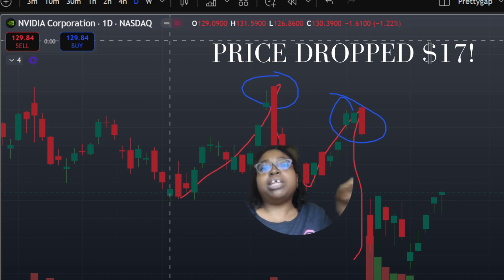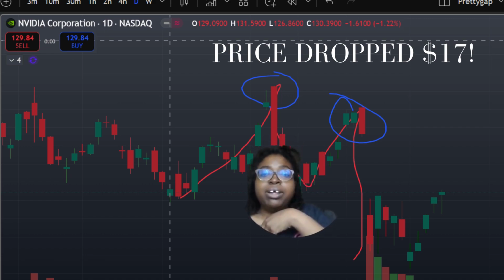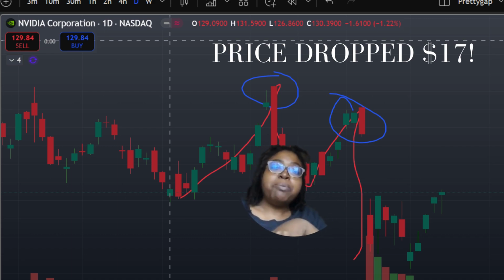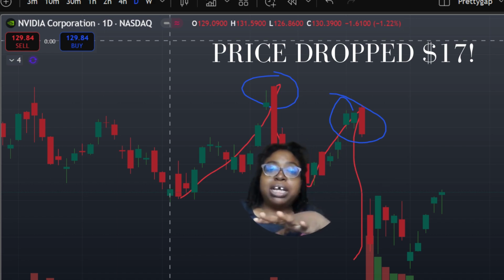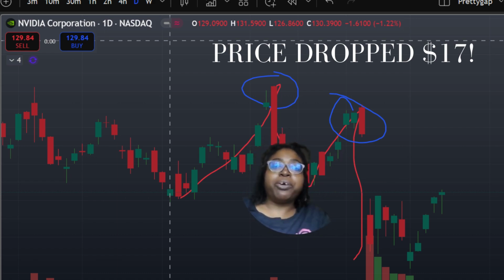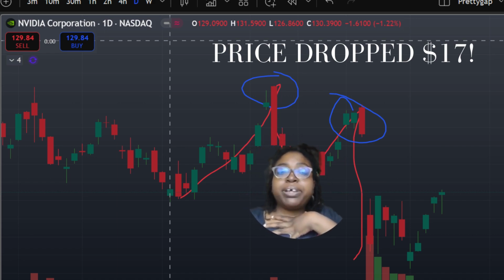But had I waited for the break of the neckline, I would have missed this move on Monday. It did continue to sell, but as you can see, it has been rallying back up to the upside ever since. So again, sometimes you cannot play by the playbook because the market is not perfect, and you have to train yourself to see these moves while they're happening.